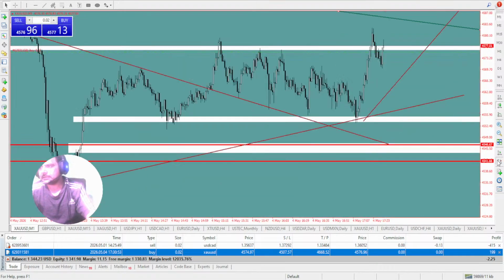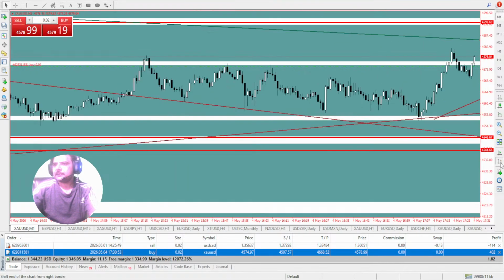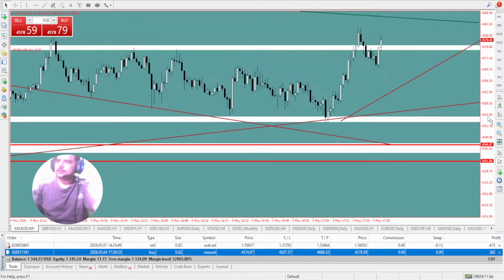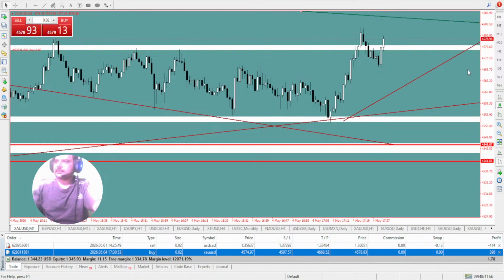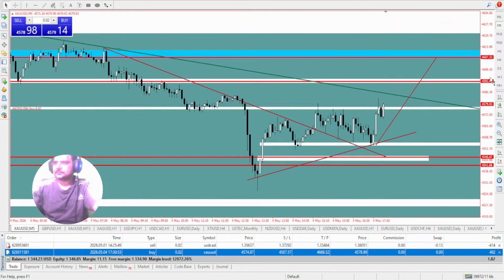Let's see if the market is good on the 1-minute or not. Now this market tells me to again stay. So let's stay then. If it is good, then I will stay. 35 pips further it's giving me.